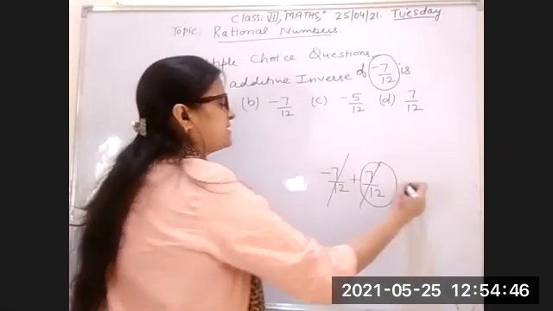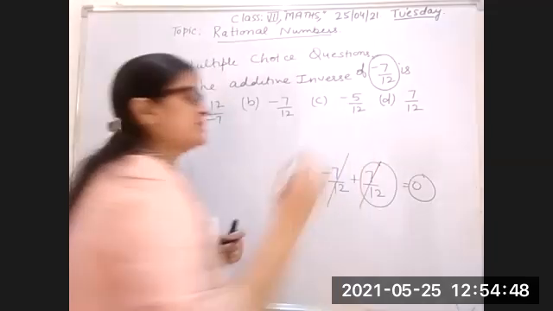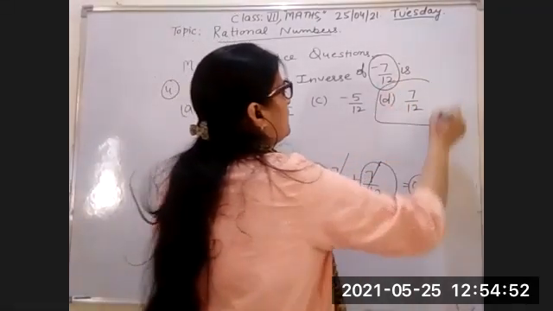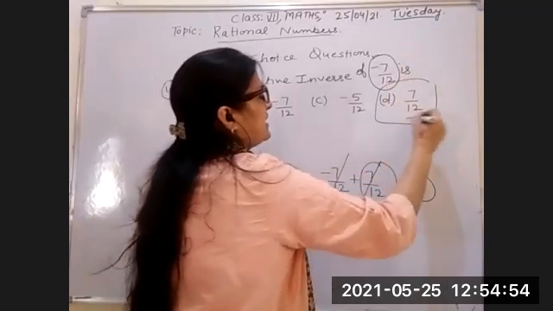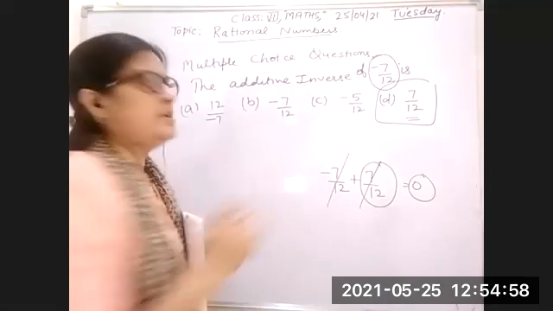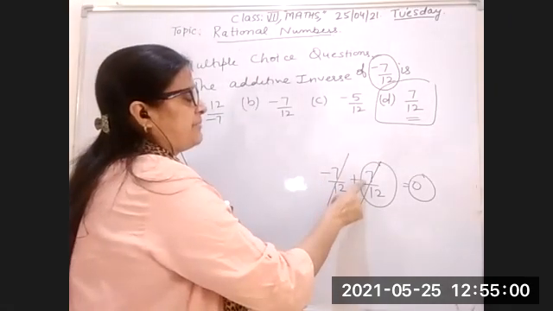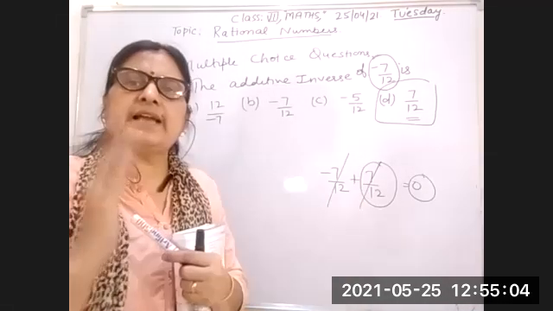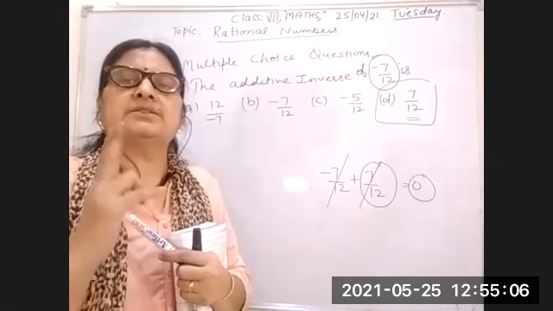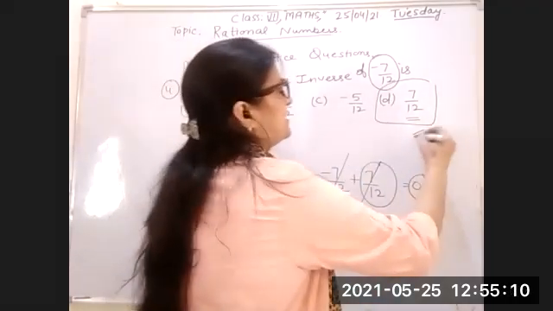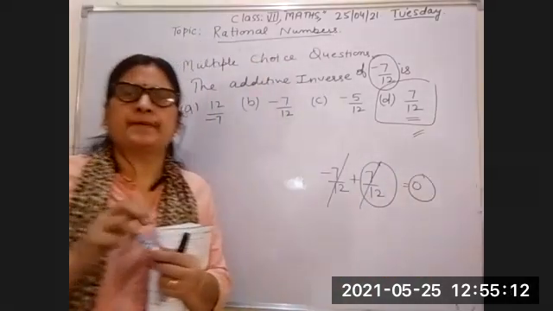When you add these numbers, their sum is equal to 0. So the additive inverse of -7/12 is 7/12, because minus changes into plus and plus changes into minus. Because by adding these two numbers, their sum is equal to 0. So option D is correct in this question.